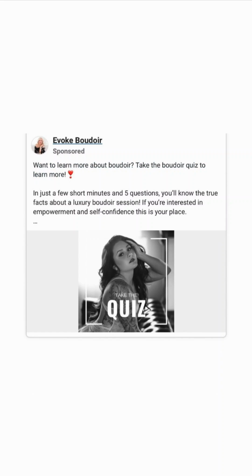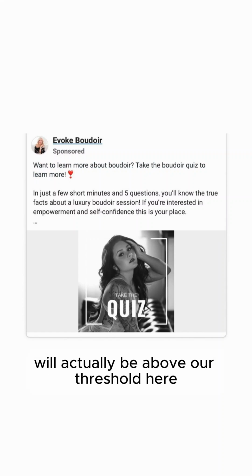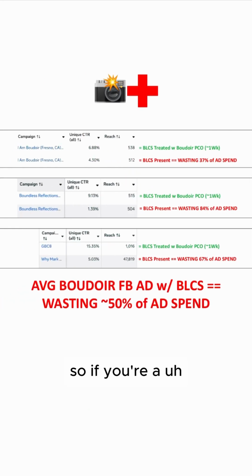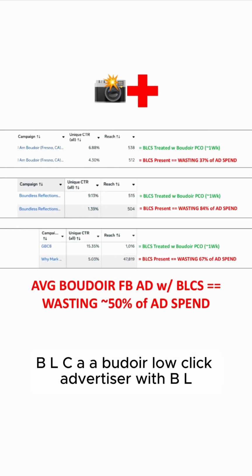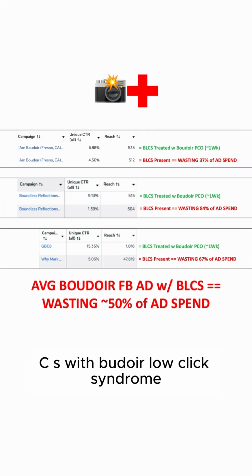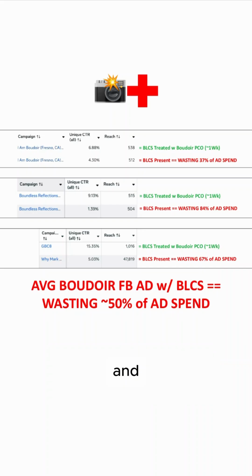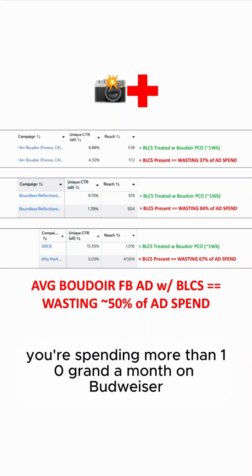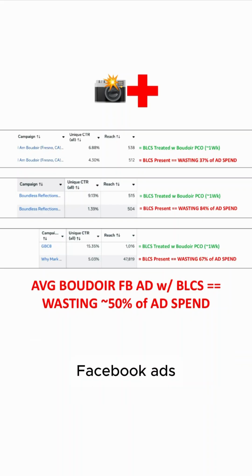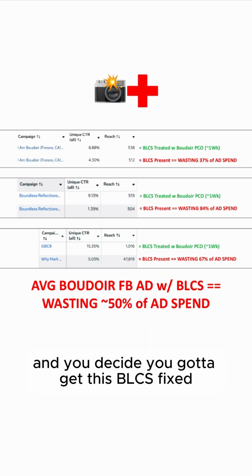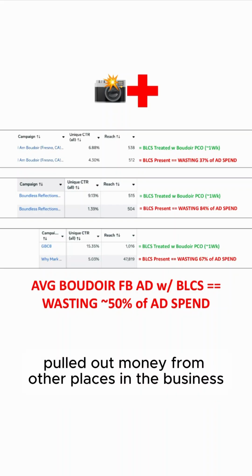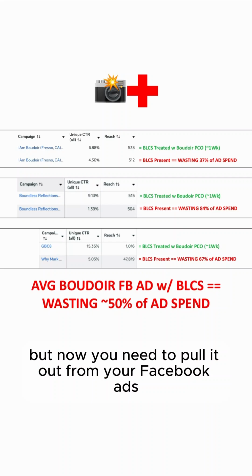So I believe this one will actually be above our threshold here. So if you're a BLCA, a Boudoir low click advertiser with BLCS, with Boudoir low click syndrome, so the unique CTR of your Boudoir Facebook ads is under 6%, and you're spending more than 10 grand a month on Boudoir Facebook ads, and you decide you gotta get this BLCS fixed because you've pulled out money from other places in the business that you've been able to optimize, but now you need to pull it out from your Facebook ads.